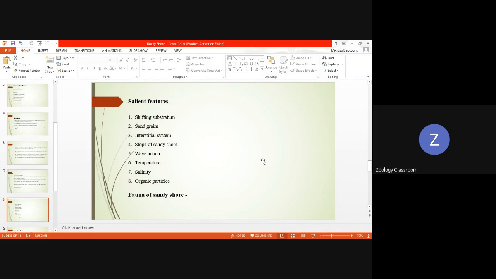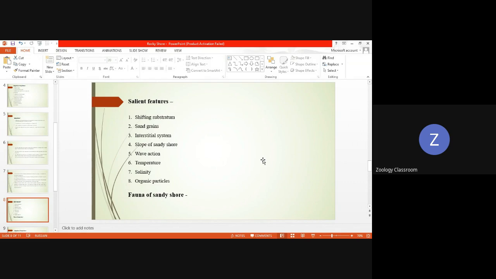Then next is the size of the grain. The size of the sand grain is controlled by wave action. Stronger wave action causes coarse sand particles, while the weaker wave action causes fine sand particles. Now, the grade of the sand is always determined by water level.